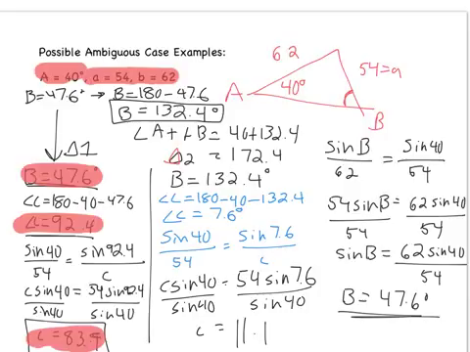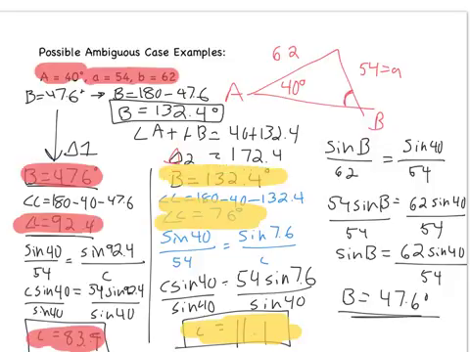And that is my measurement for C. So then my other set of answers is with C being 11.1, angle C being 7.6 degrees, and angle B being 132.4.